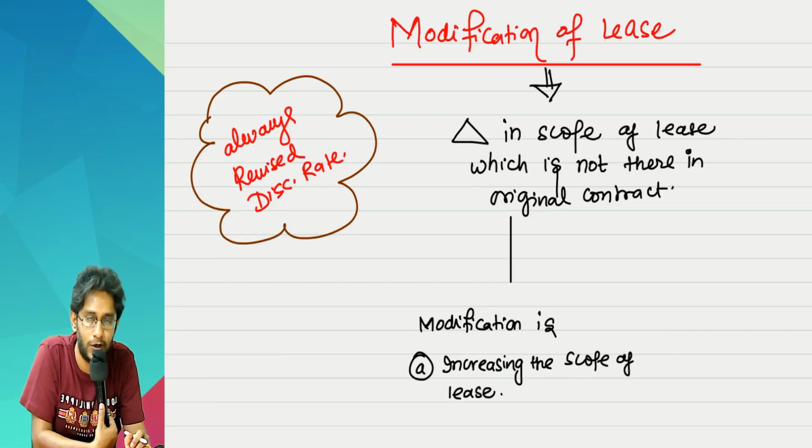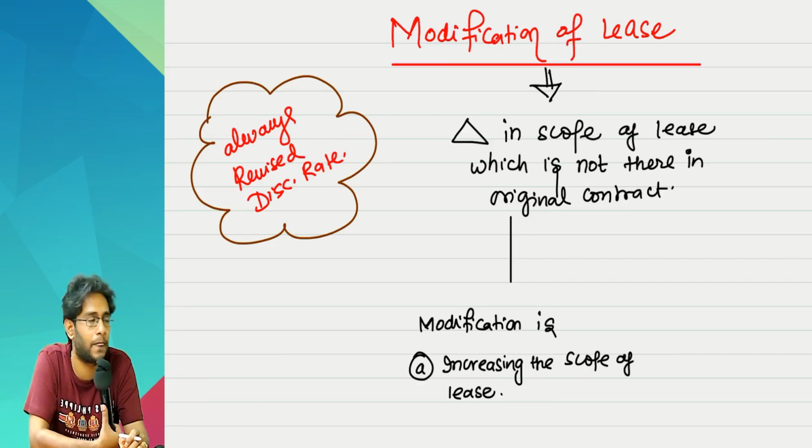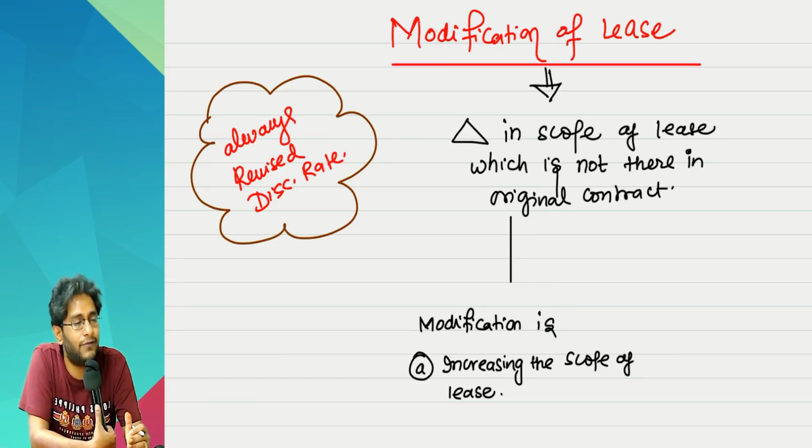Increasing the scope of the lease means, originally we both agreed only for a lease of 5 years. There is no option to extend term, nothing is there, only 5 years fixed. 3 years is over. Lessee went to the lessor, asked for an extension now. Sorry, originally we never thought, but now I want lease for extra 3 years. Lessor agreed. This is called an increase in the scope.